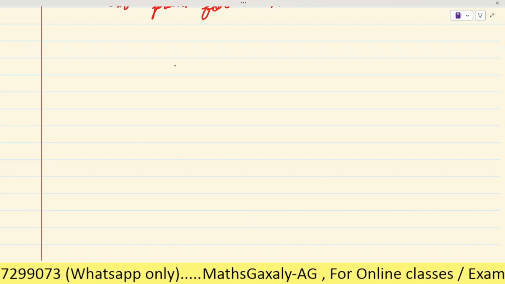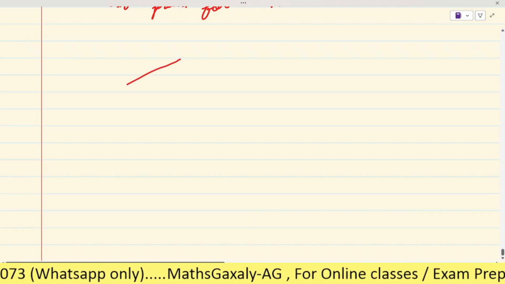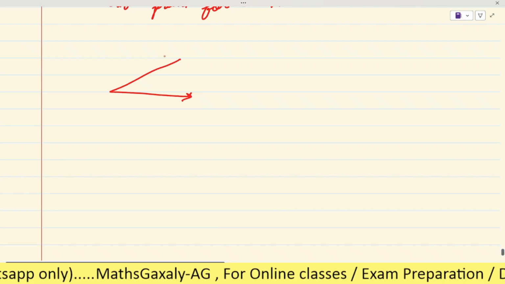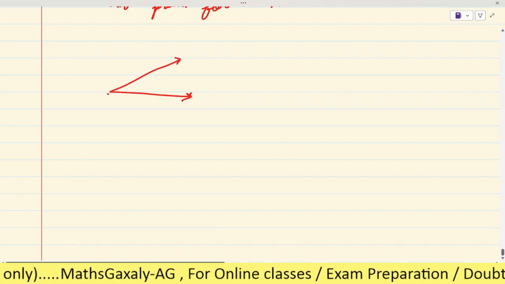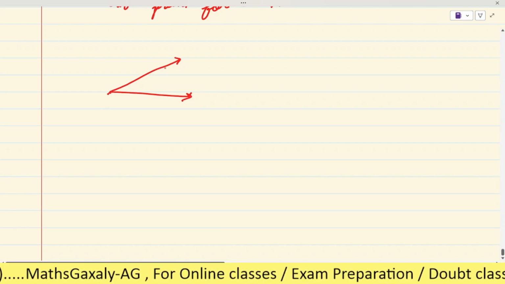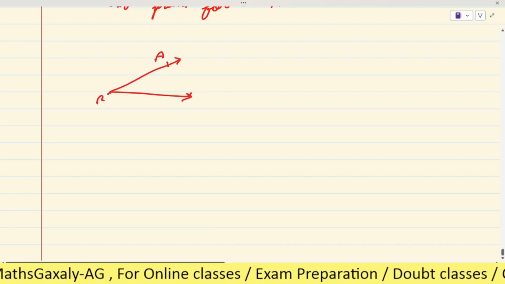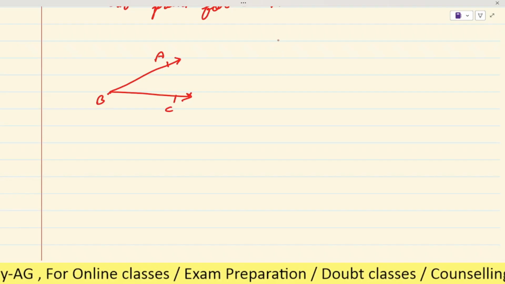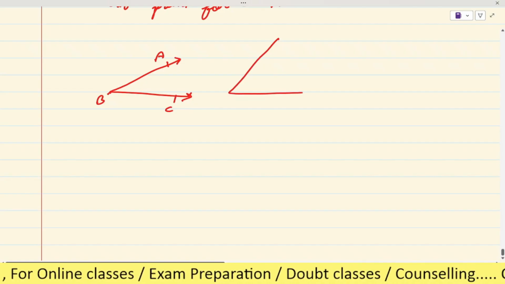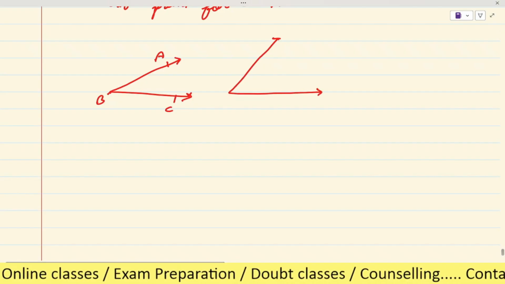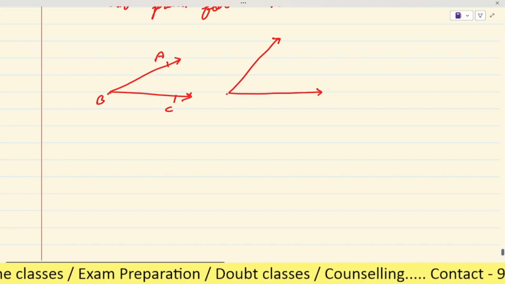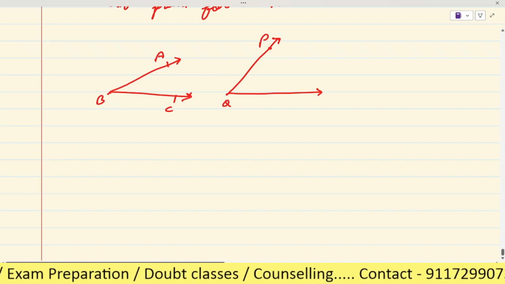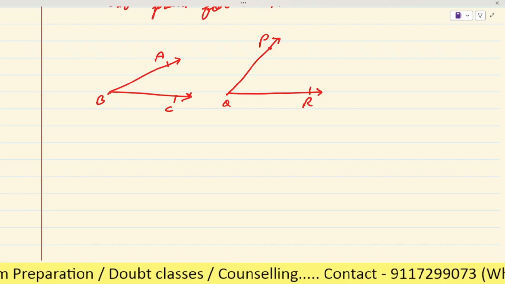As an example, suppose there is an angle, this one, let it be angle ABC, and there is another angle, PQR.